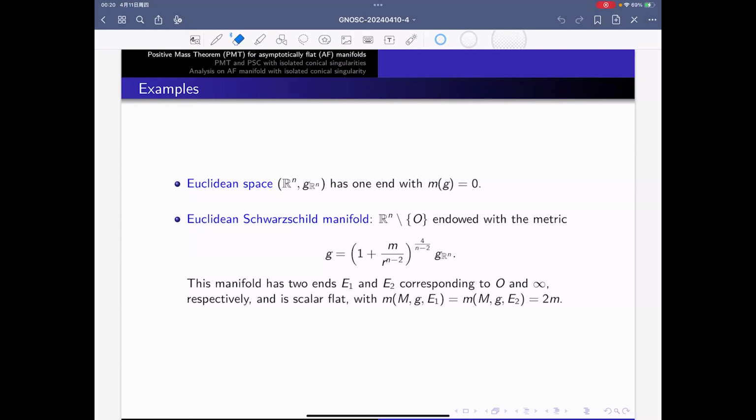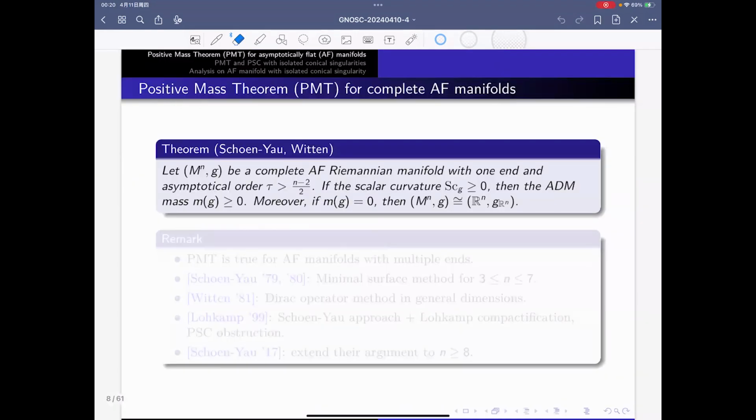Now the classic positive mass theorem says for an asymptotically flat Riemannian manifold, if scalar curvature is non-negative, then the ADM mass is non-negative, and rigidity says if mass is equal to zero, the manifold has to be isometric to Euclidean space.